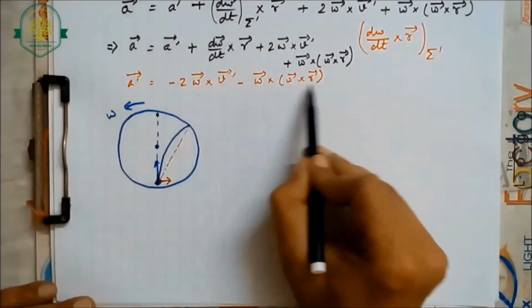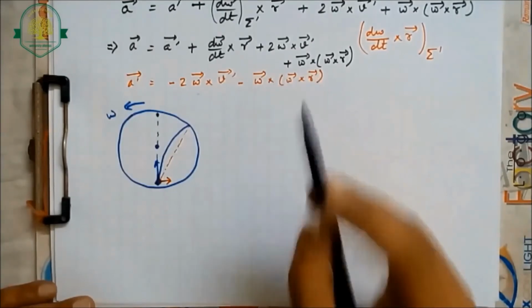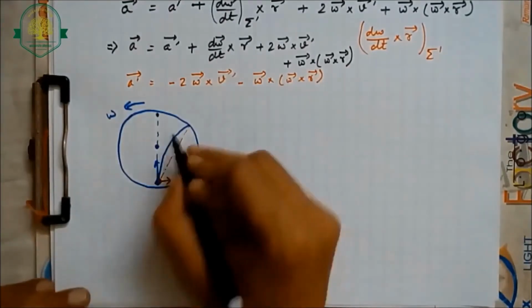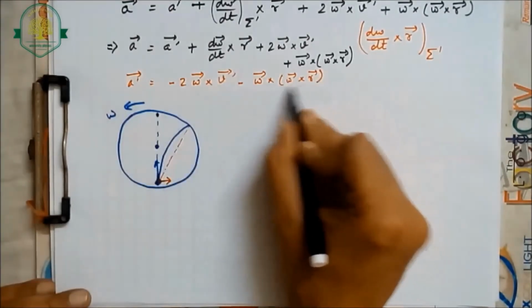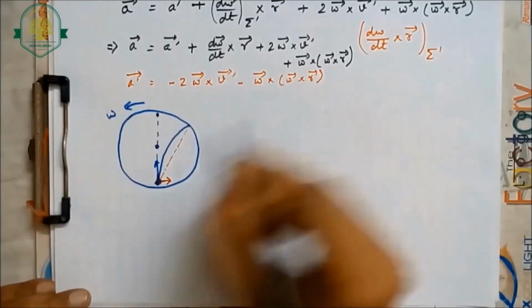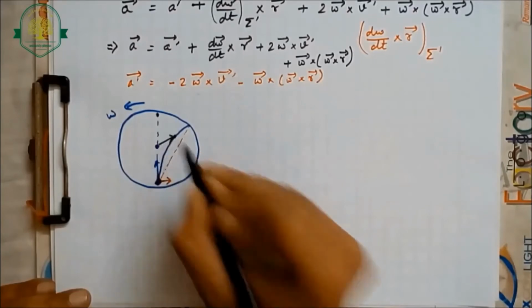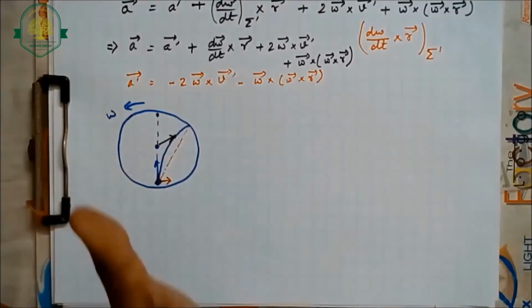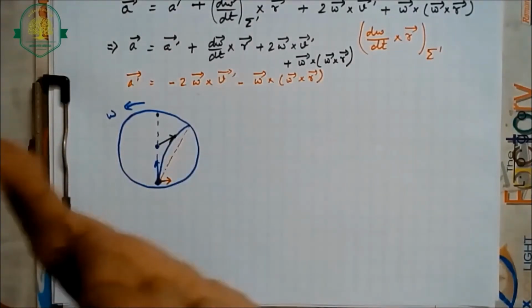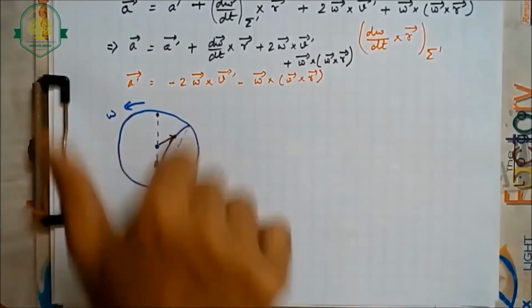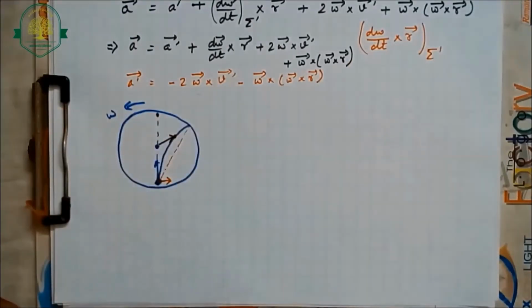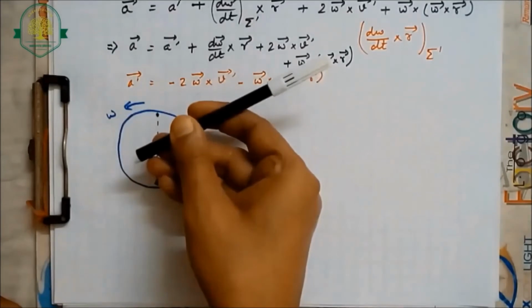Also, this term acts. Let us find out what the direction of omega cross r is first. Say at some instant of time the ball is here, so r is this vector, omega points in the upward direction. So omega cross r will be a vector which is perpendicular to the plane containing omega and r.